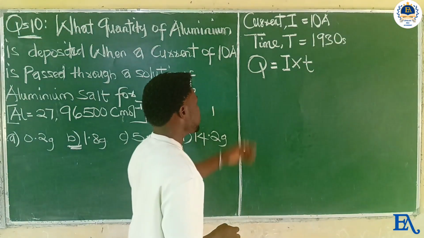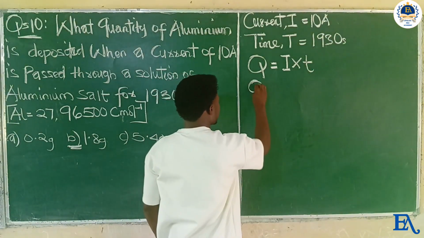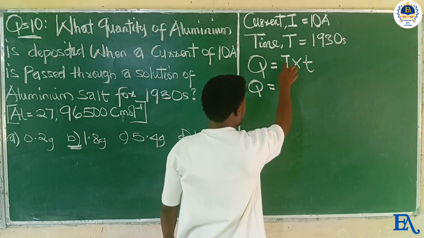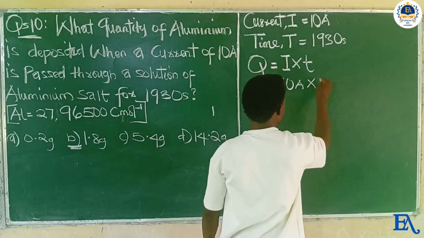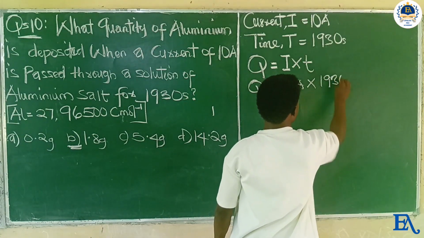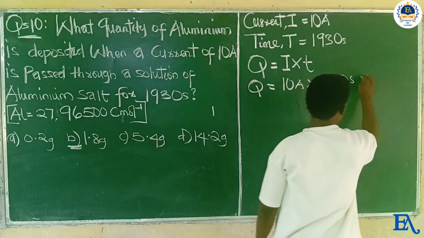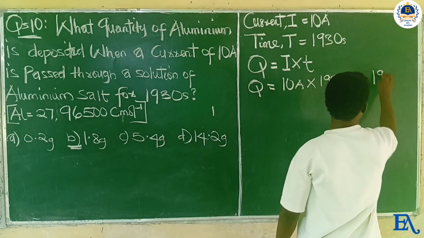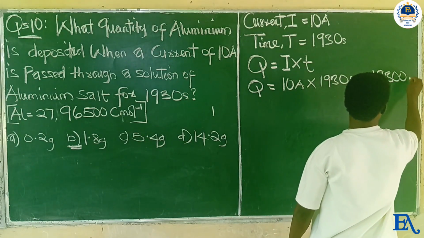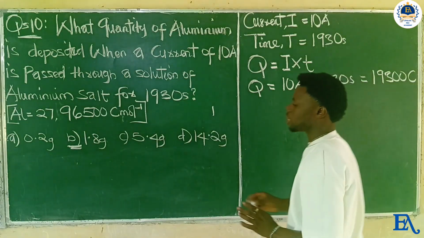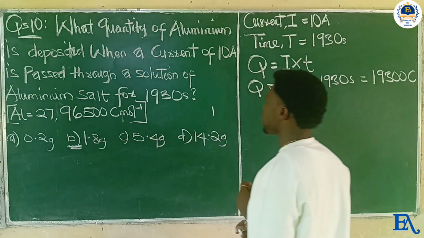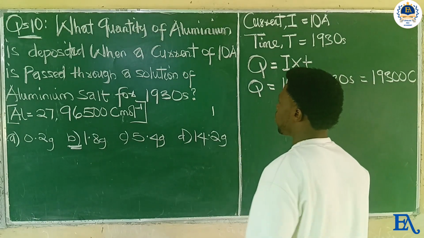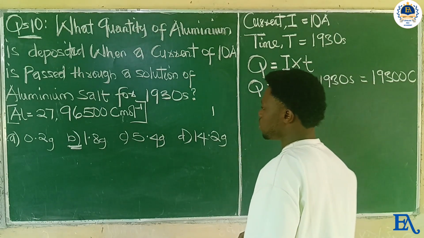So let's substitute the values. Q, charge, is equal to current, given as 10 amperes, times time, given as 1930 seconds. So we are going to obtain 19300 coulomb. So that is the first thing we must determine. Now from the question we have what quantity of aluminium is deposited.